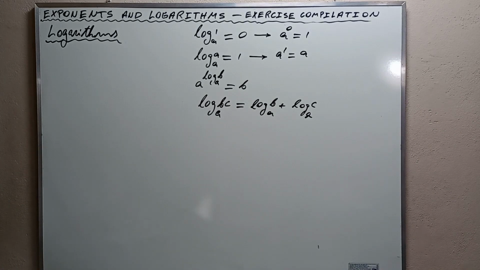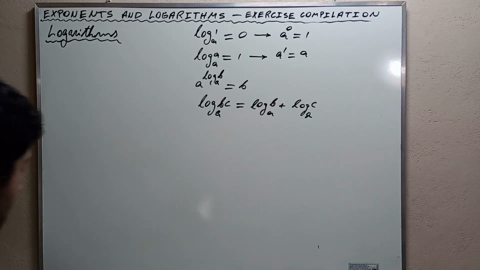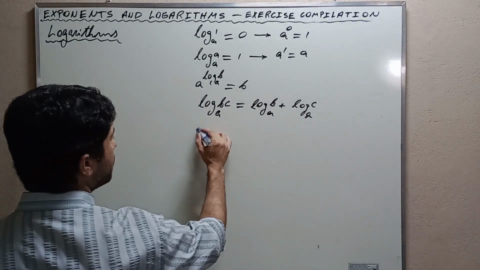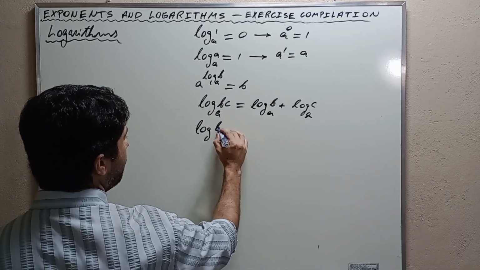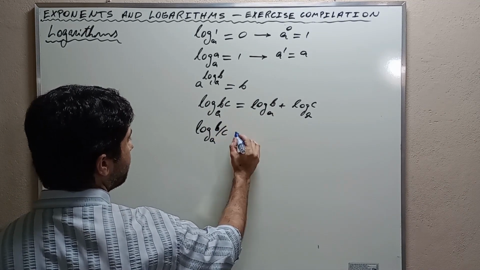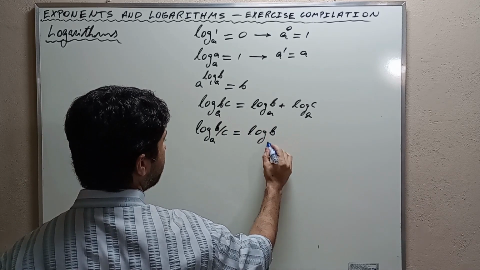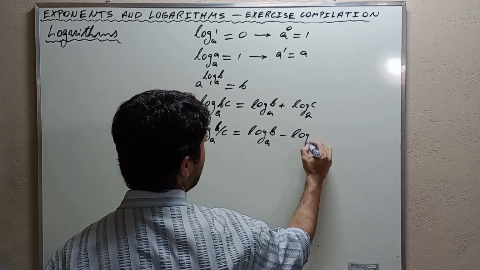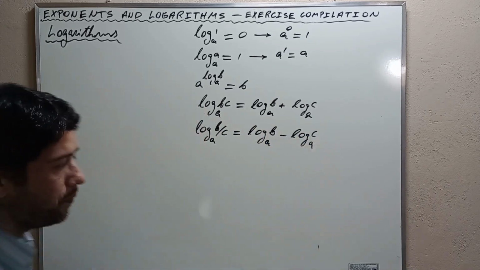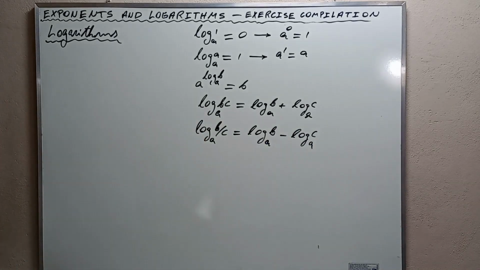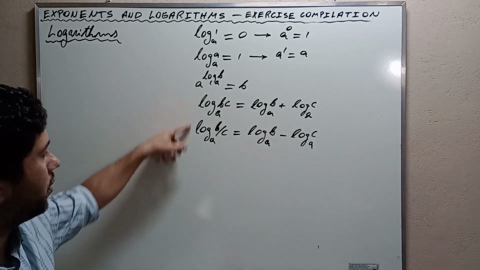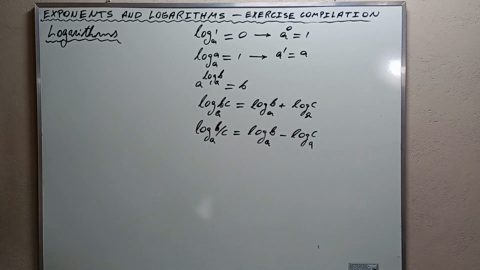This is the product. Similar to this is the logarithm of the division. Logarithm of b divided by c base a is equal to the logarithm of b base a minus the logarithm of c base a, okay? It is very important. These two here specifically help us a lot in solving exercises.